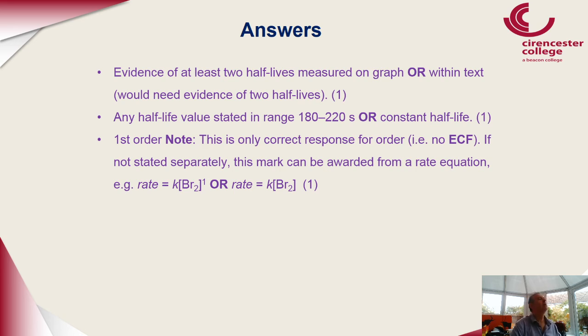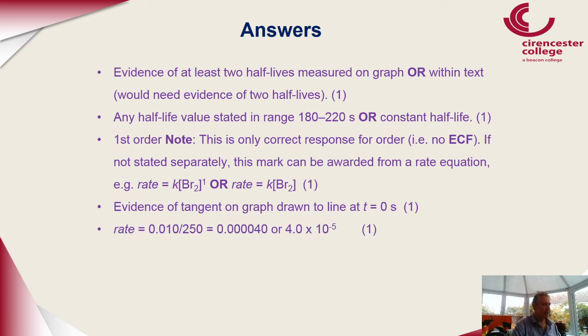You could get that mark if you had written down the rate equation as rate equals k [Br2] to the power of 1, or rate equals k [Br2]. Note that because it's a first order reaction, you don't have to write the 1. Tangent needs to be drawn at t equals 0, and therefore you should be able to work out the rate from that.